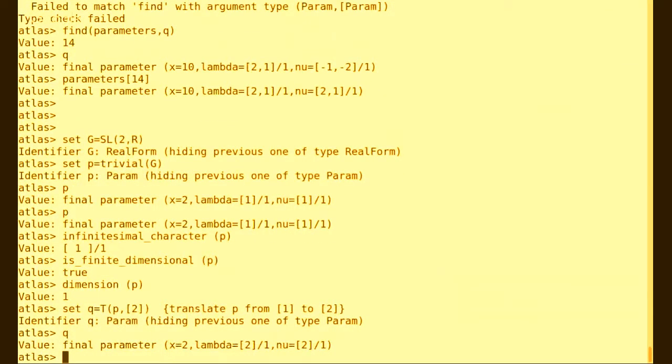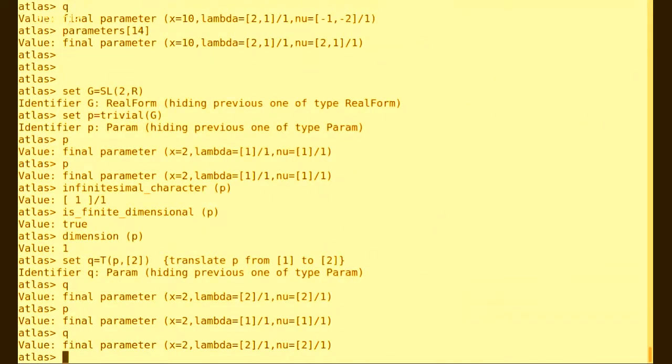Let's see what happens. There's P, there's Q. What did it do? It changed nu from 1 to 2. So it changed the infinitesimal character from 1 to 2, but it also changed lambda. That's a feature of the translation principle. You don't just change nu, you change lambda.